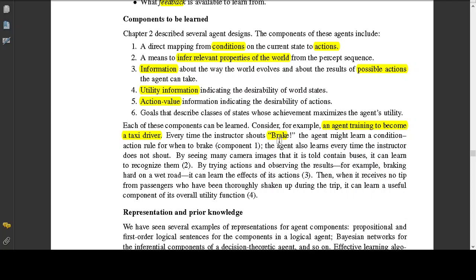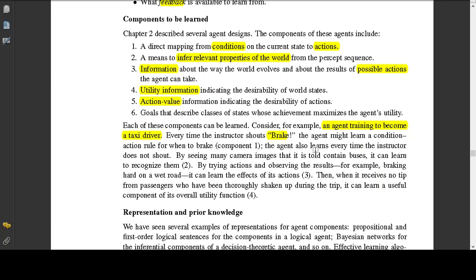That is the condition-action component, the first component. The agent also learns every time the instructor does not shout. That is also an understanding about the world. That is inferring the relevant properties of the world, the second component.